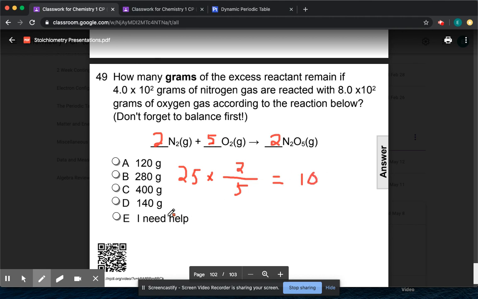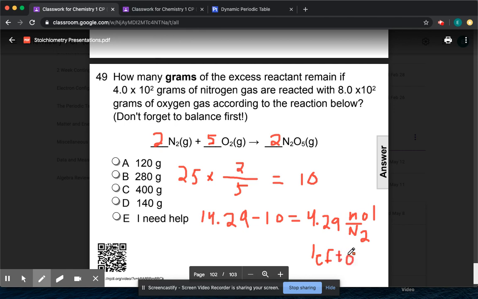We have 14.29 moles of nitrogen. So 14.29 minus 10 tells us that we will have 4.29 moles of N2 left over.